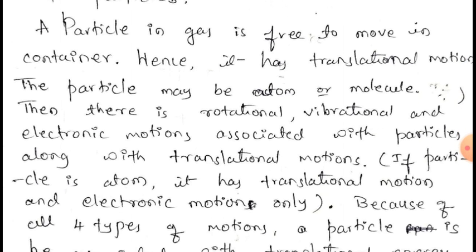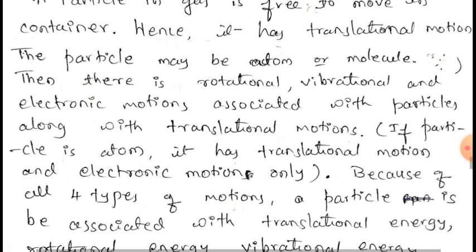A particle in a gas is free to move. Therefore, it has a translational motion. The particle may be an atom or a molecule. If it is a molecule, it has some other kinds of motions also.